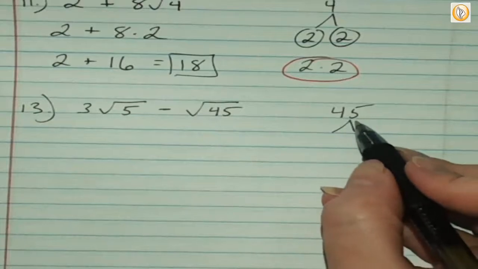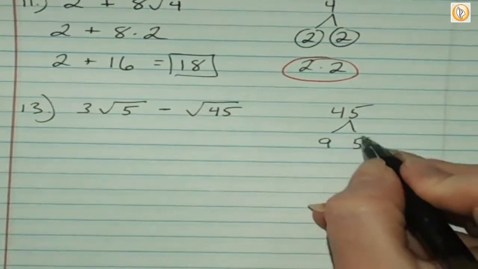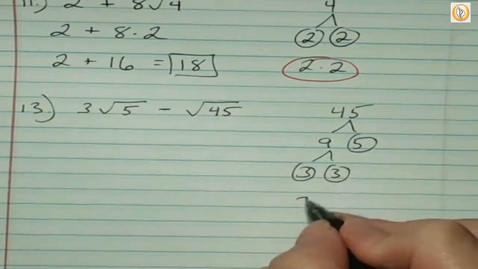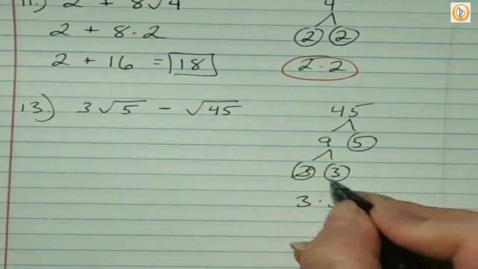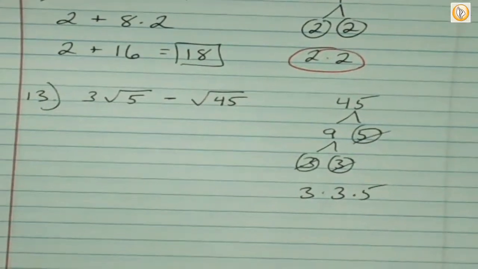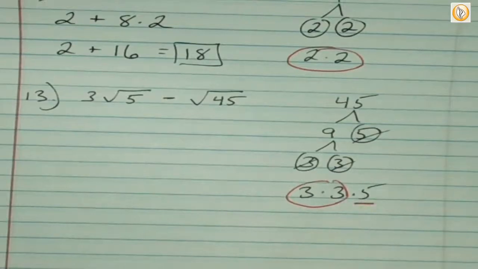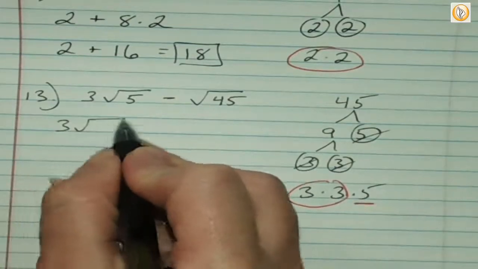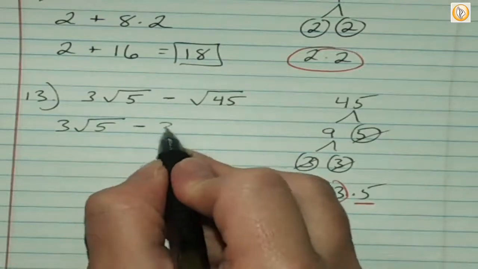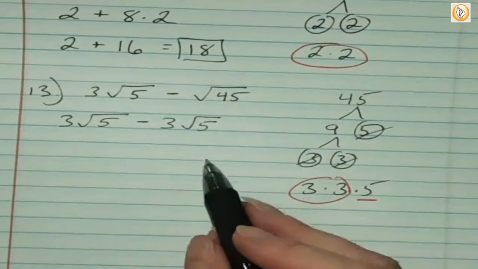So what two numbers give me 45? And then 3 times 3. So I write 3 times 3 times 5. So Talia, what do I circle? And that's left over. So how would I write this? 3 times the square root of 5 minus 3 square root of 5.